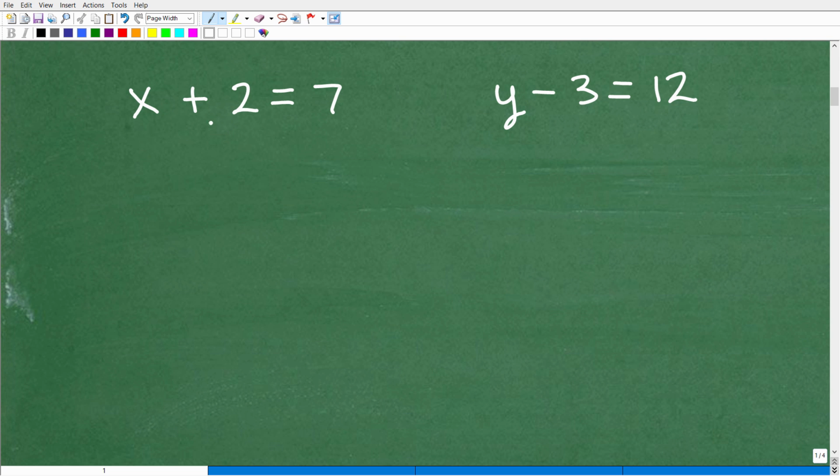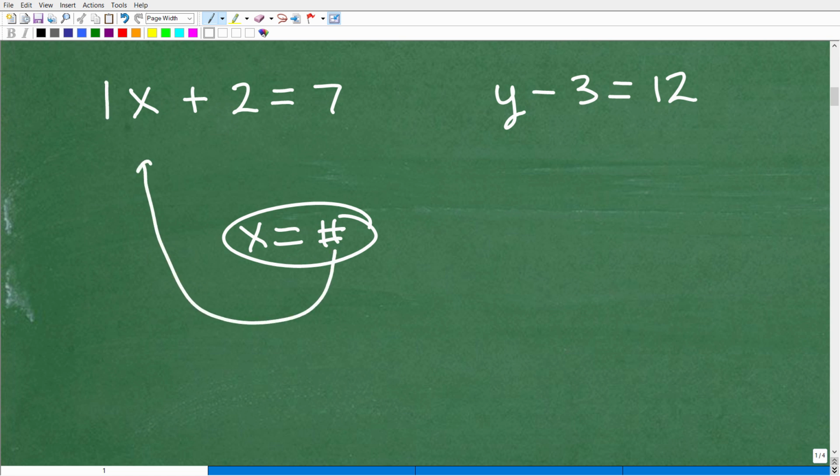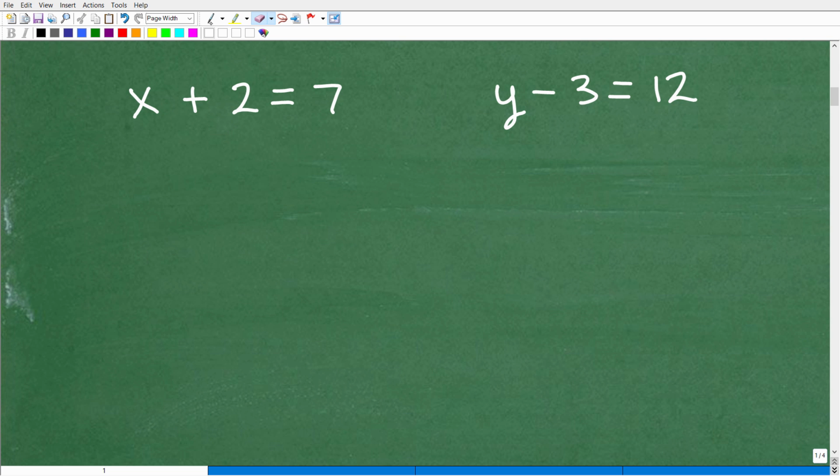When solving a basic equation in algebra, what I want is x equal to the number. It's basically telling me the number that needs to go inside that box. So what does x need to be equal to make this true? That is the name of the game. We're trying to solve this equation, to determine what value of x is needed to make this statement true.